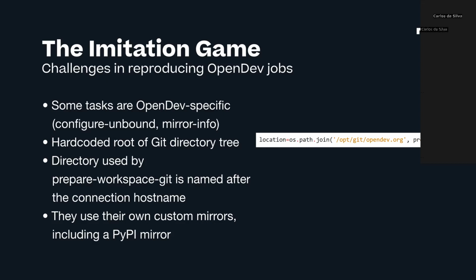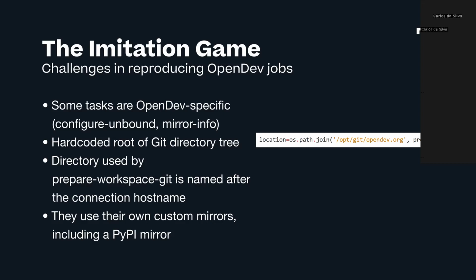This is not a problem, but it happened once that I recall, where DevStack broke for everybody, but not for OpenDev. So all the jobs were passing, but nobody could deploy DevStack.